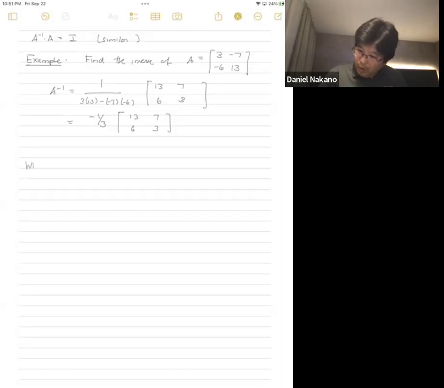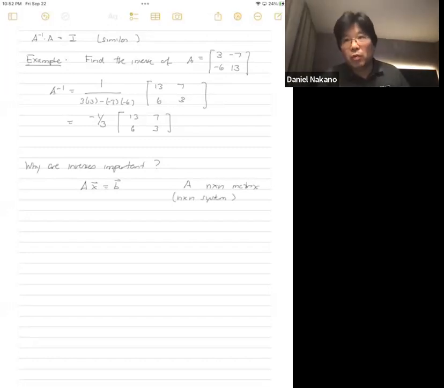So let's say I take a system of equations, AX equals B. And here I'm going to assume that A is an n by n matrix, so this is an n by n system. This doesn't hold for arbitrary systems where m and n aren't the same.